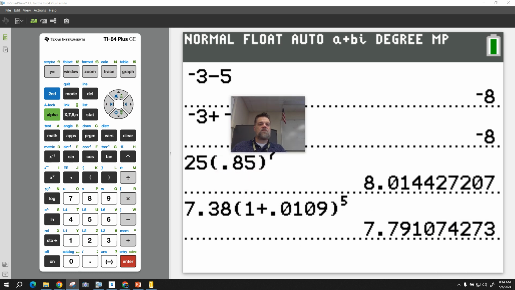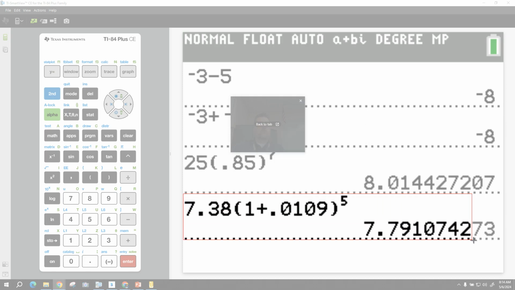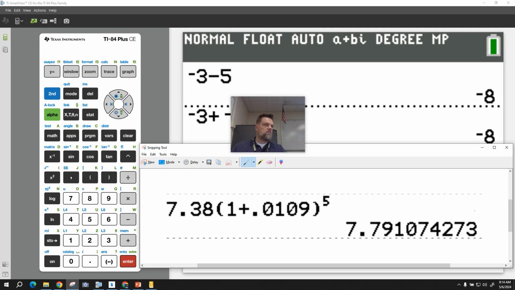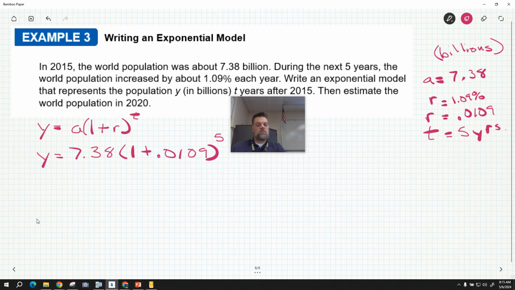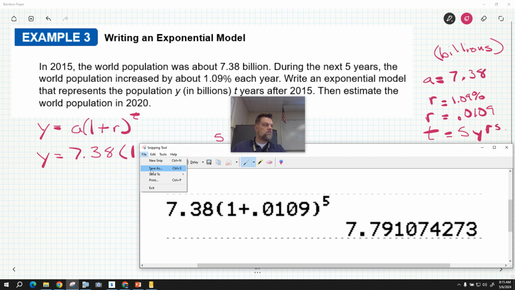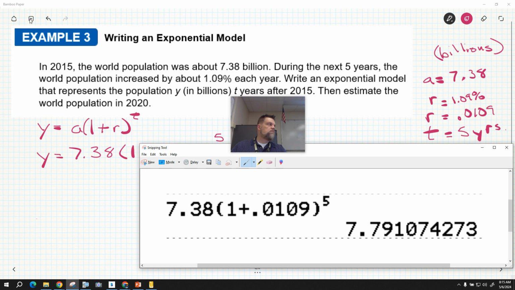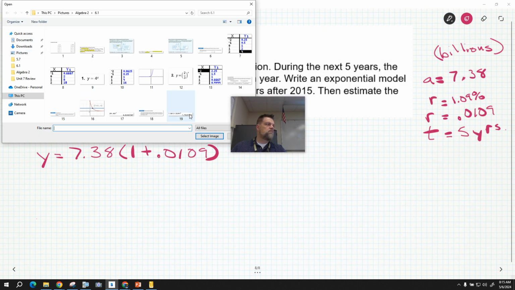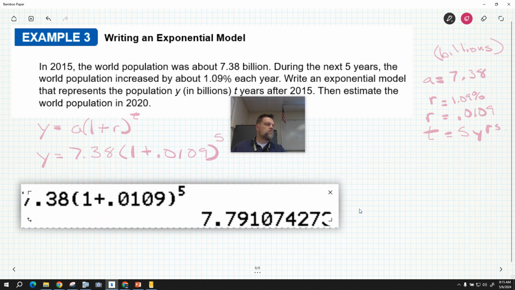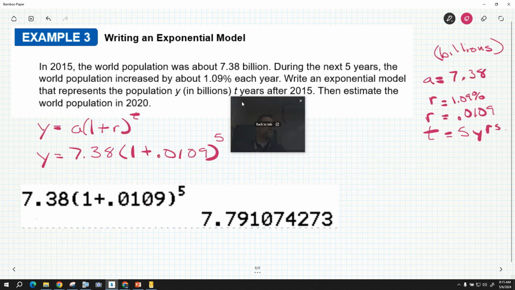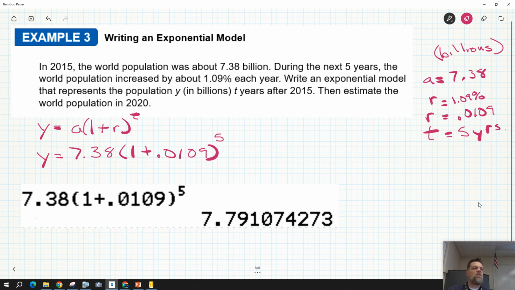Let me take a picture of that. And a good rule of thumb, if they gave us 3 significant digits, in other words, they only did 3 digits here, which is 7.38, we would round this to 7.79, right?